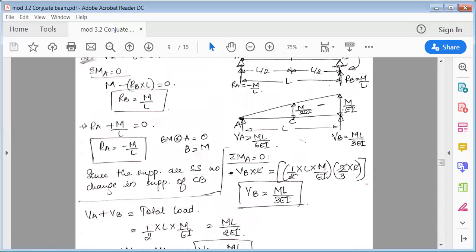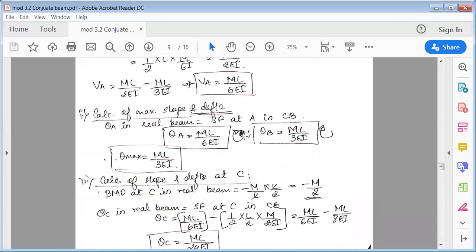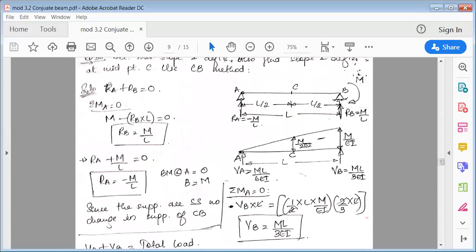Now see here, we are talking about this. To the left side of C, just check how many forces are acting. There is VA and the area of this triangle. If you're finding only shear force, you have to only consider the forces. VA is equal to ML by 6EI, which is acting upward, positive.